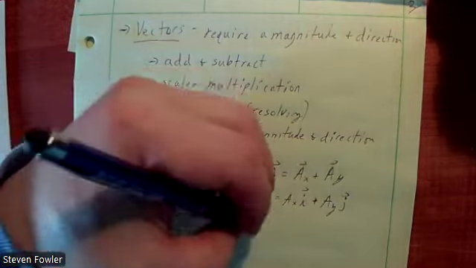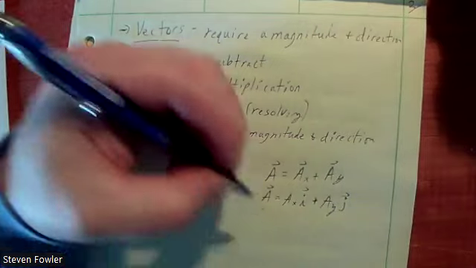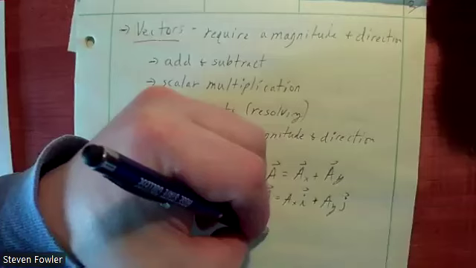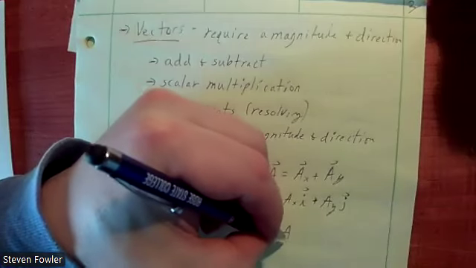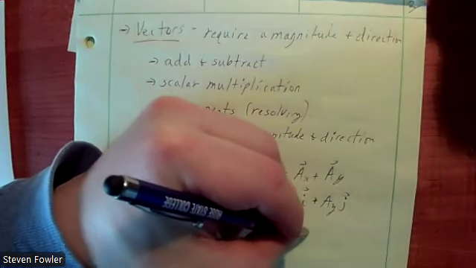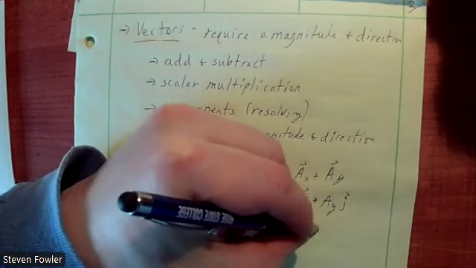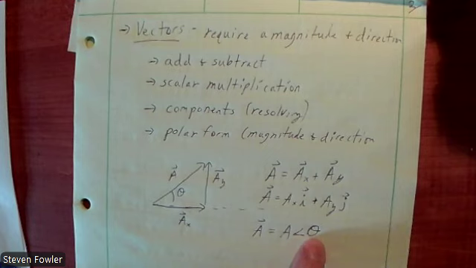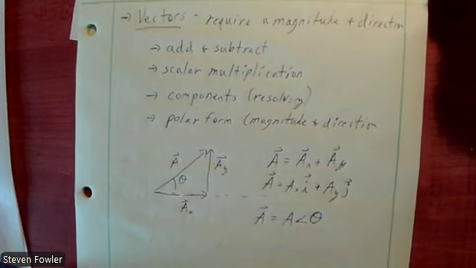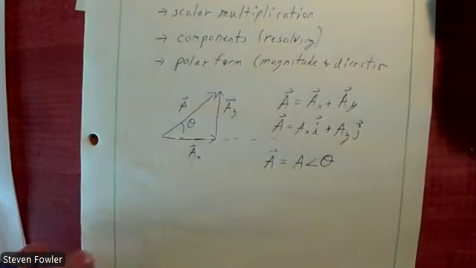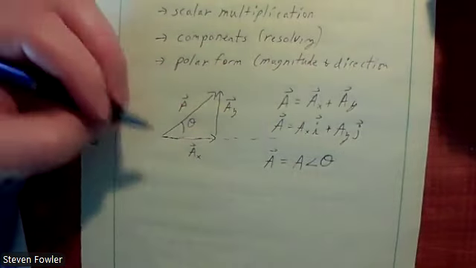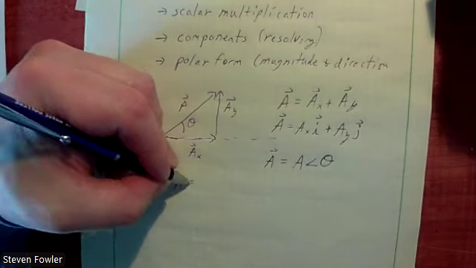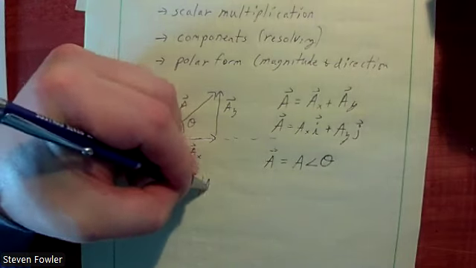Okay. And then in polar form, this magnitude and direction, we could write this as vector A is equal to the magnitude of A at the angle theta. And if I write it this way, it is understood I'm measuring theta counterclockwise from the positive x-axis. Now, what that looks like is, of course, the magnitude of A, which in a lot of texts, they'll write this way.